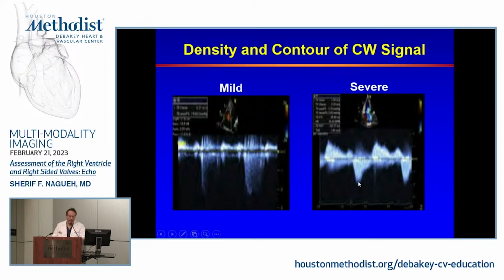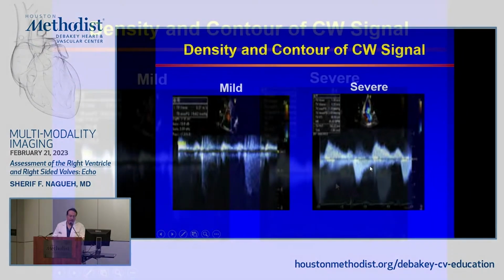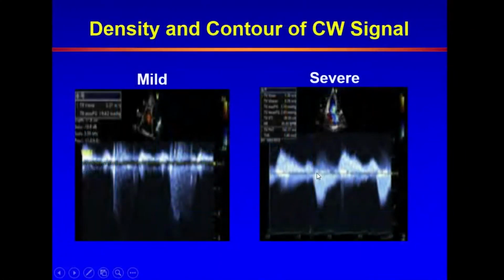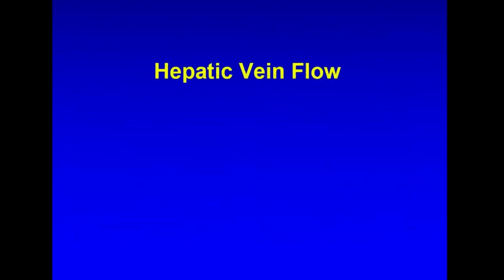With continuous wave Doppler, things that tell us that the TR is severe are the brightness of the signal, which here is very comparable to that of the inflow. It means the same red blood cells are reflecting that TR. You also see that it's early peaking, more of a triangular shape, with rapid cessation of flow once you get to that peak. Why? The RA pressure rises very fast from that flow of the TR.